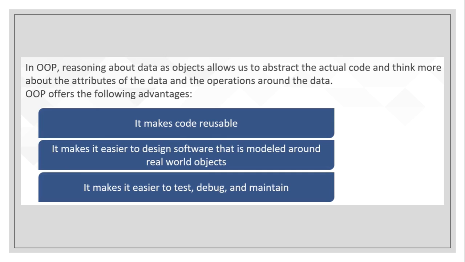The main advantage is reusability. Once somebody has written it, another person just needs to call that particular model and keep using it. Suppose I wrote a plus b equal to c: you give me two numbers and I'll give you the addition, right?